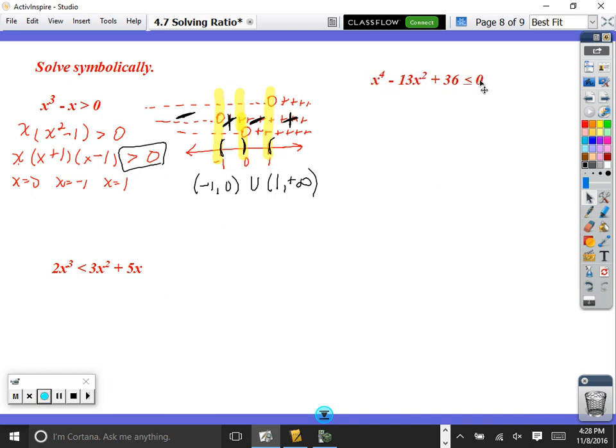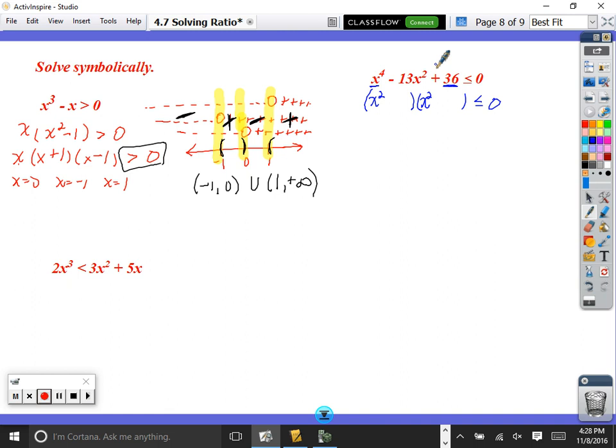So let's go ahead and try another one. x to the 4th minus 13x squared plus 36 is less than or equal to 0. Again, it's a trinomial compared to 0, so I should be able to right away factor. What would we do with x to the 4th? x squared and x squared.